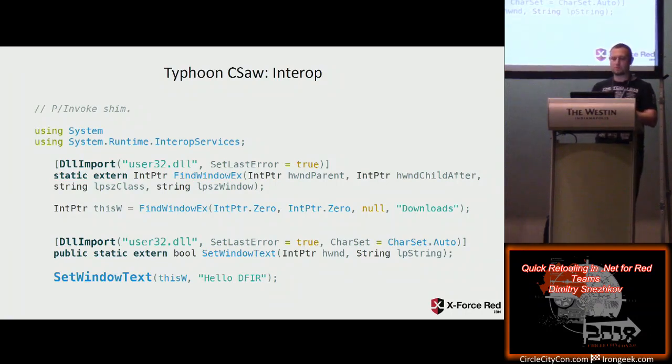Well, the way to use interop services is that we are creating an attribute, right, for, let's say we want to load user32.dll, we want to find the FindWindowEx function, and we want to invoke something in it. Unfortunately, this is a compile time lock, right?